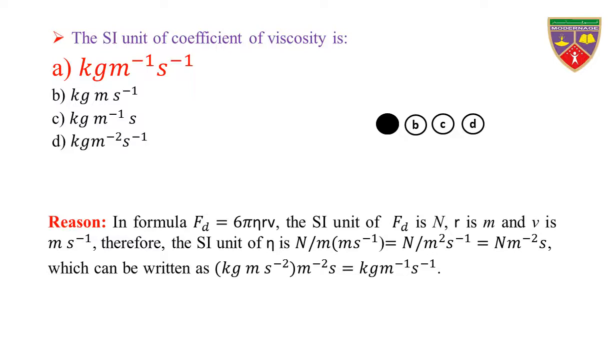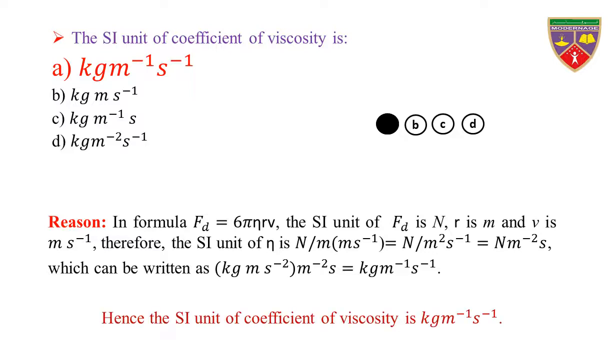Therefore, the SI unit of eta is Newton per meter into meter per second, which is equal to Newton per square meter per second, which can be written as kilogram meter per square second into per meter square second, equal to kilogram per meter per second.